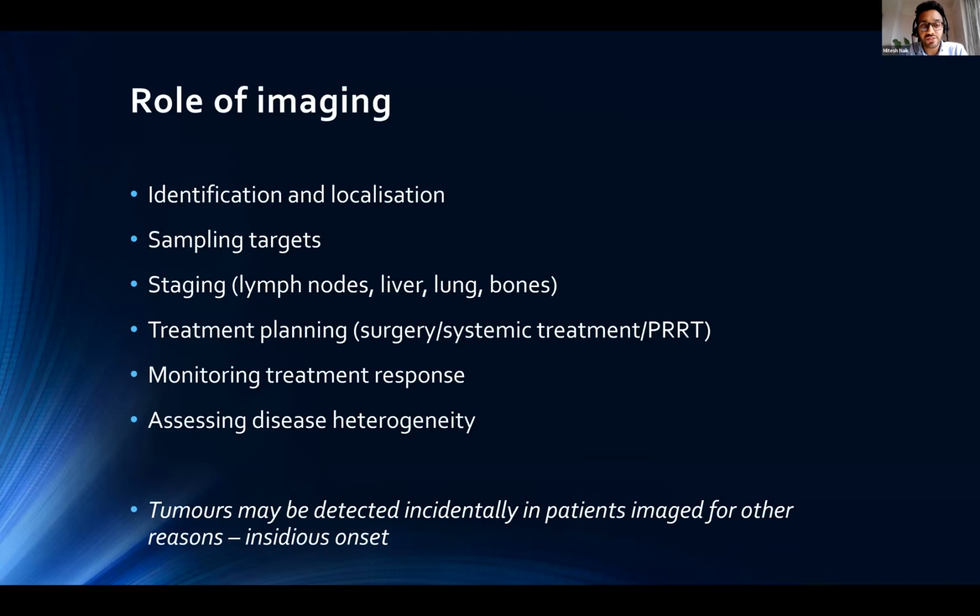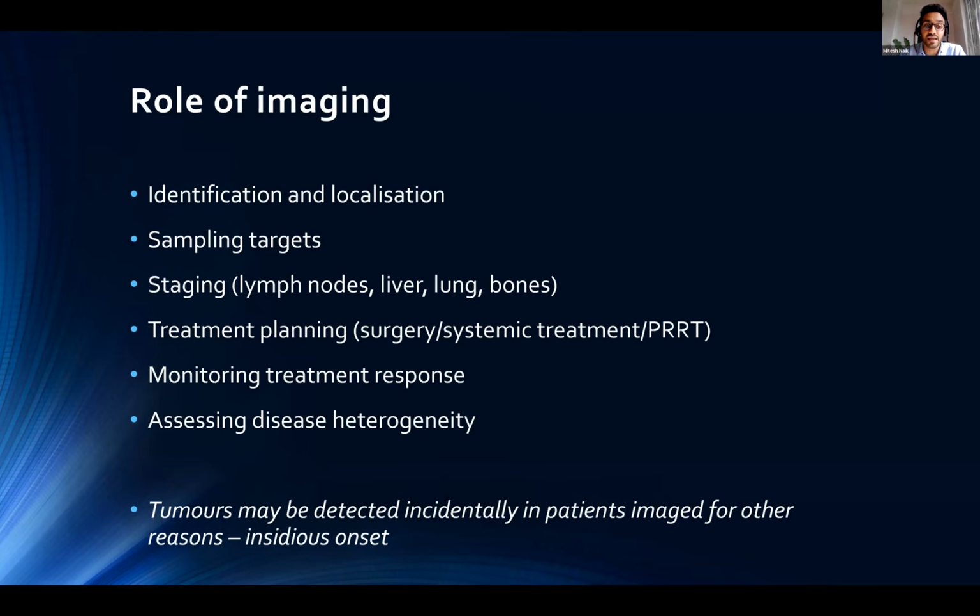So why do we image? Well, a histological diagnosis may have been made already. We want to try and localize that disease, determine how far it's extended, stage the disease appropriately, identify whether there's nodal spread, and then subsequently metastatic spread also.